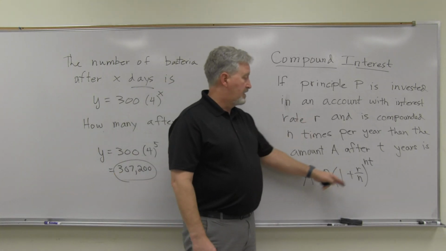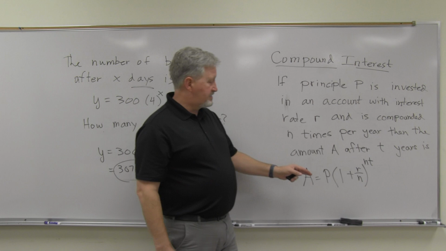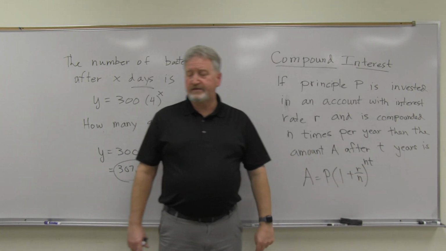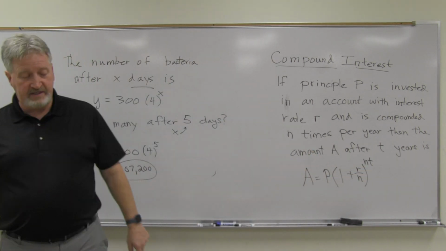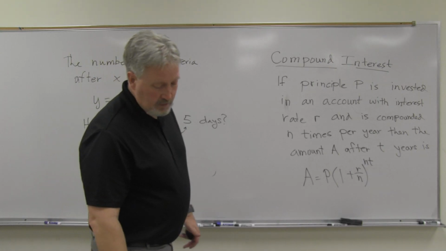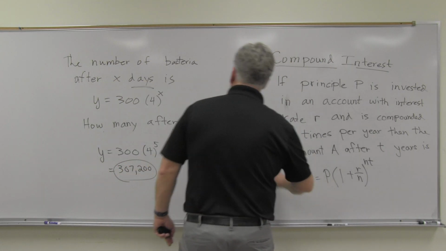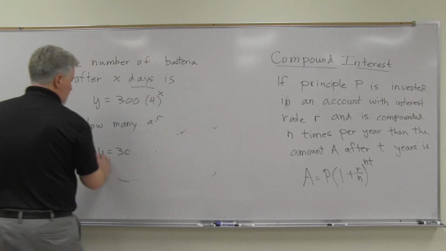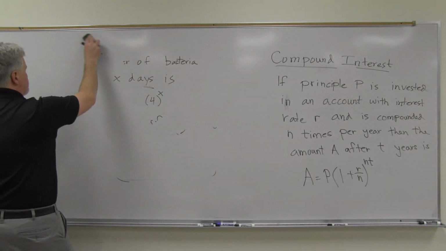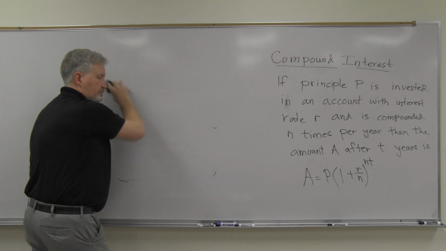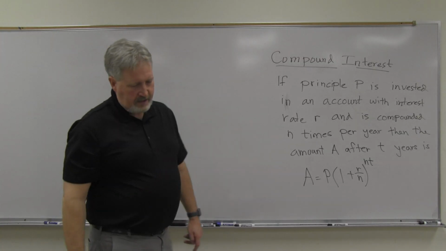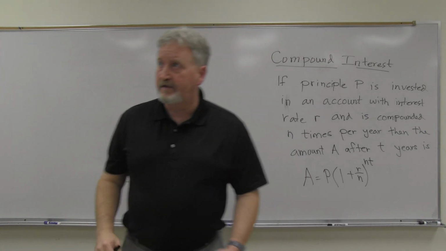We'll talk about that. And then raise all that parentheses stuff to the NT power, N times T power. Okay? So let's do a couple of those, see how those work if you haven't done them before.